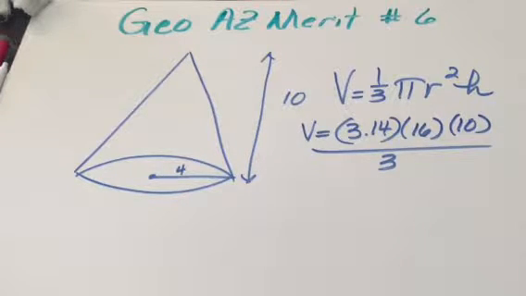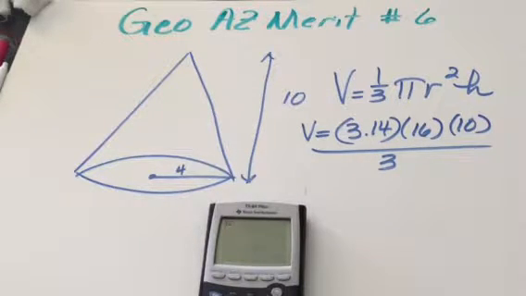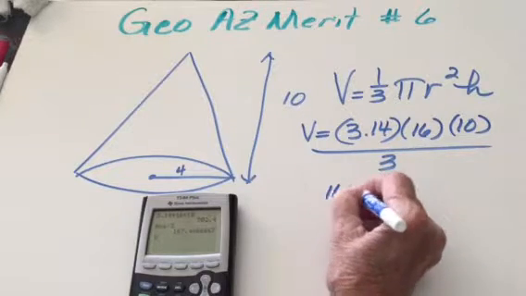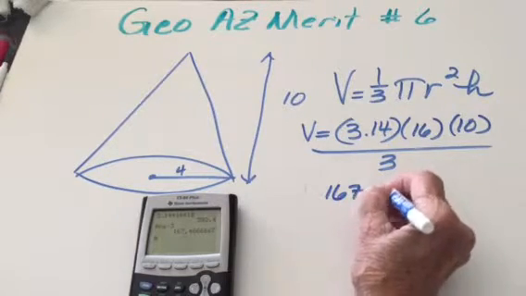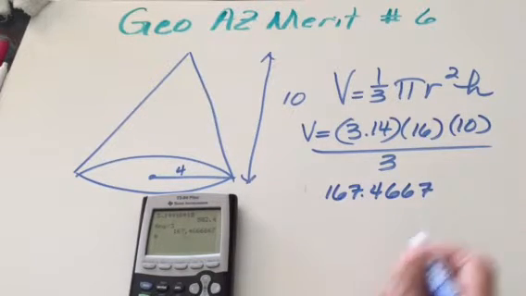And when I do that, get out the old calculator, 3.14 times 16 times 10 equals 502, divided by 3 equals 167.466, and there's a bunch of numbers after this, so I'm just going to round it off to that.